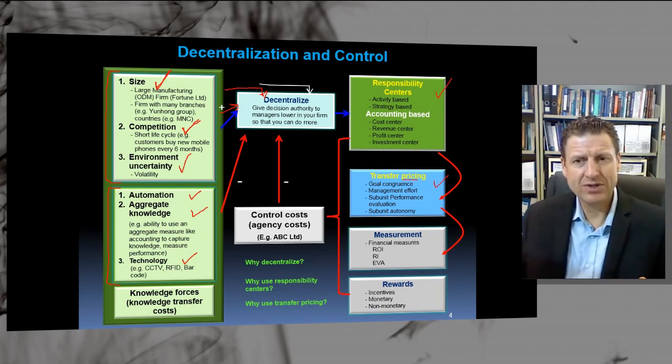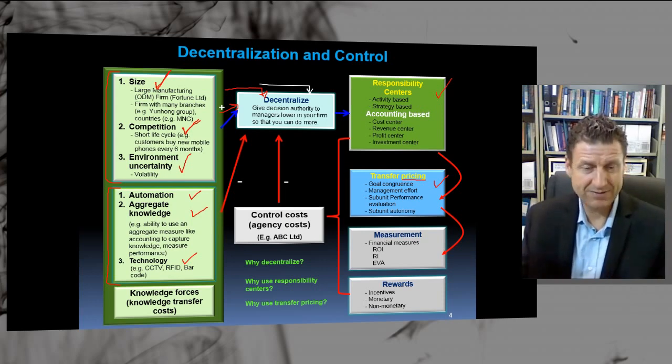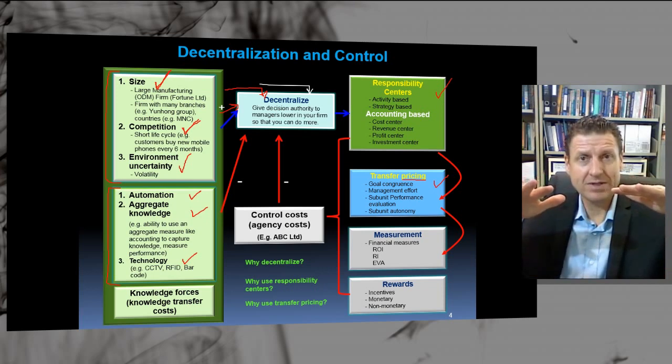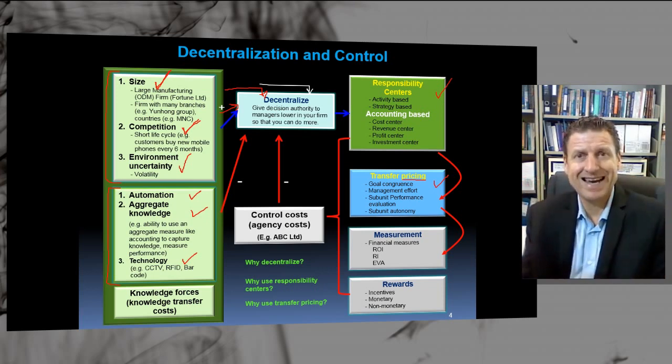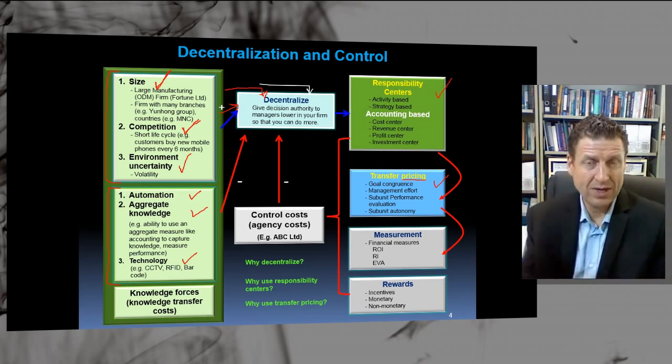Because the act of using accounting as a pricing mechanism between divisions enables you to keep those divisions decentralized, and you allow them to create a little quasi-market within the organization.